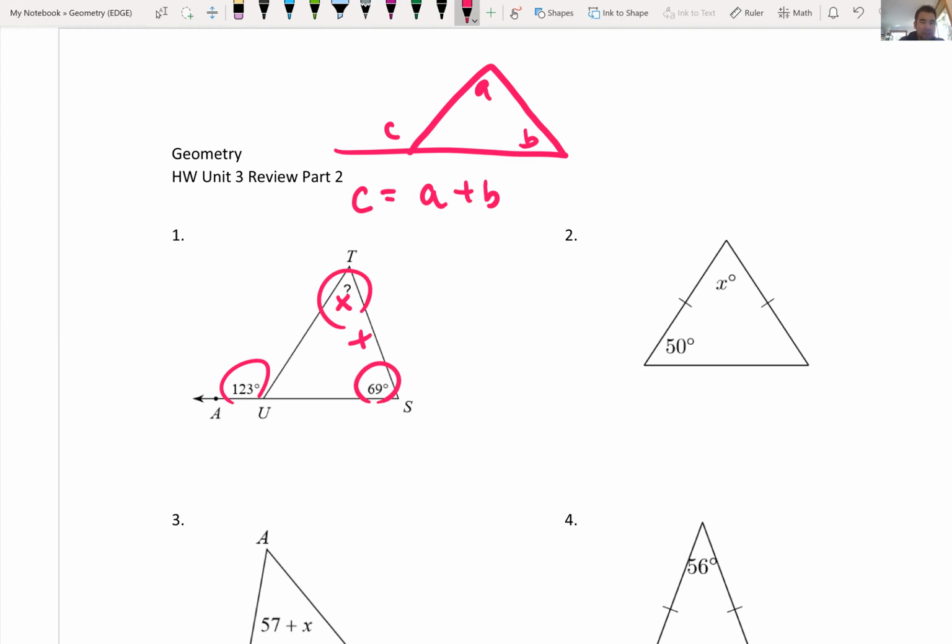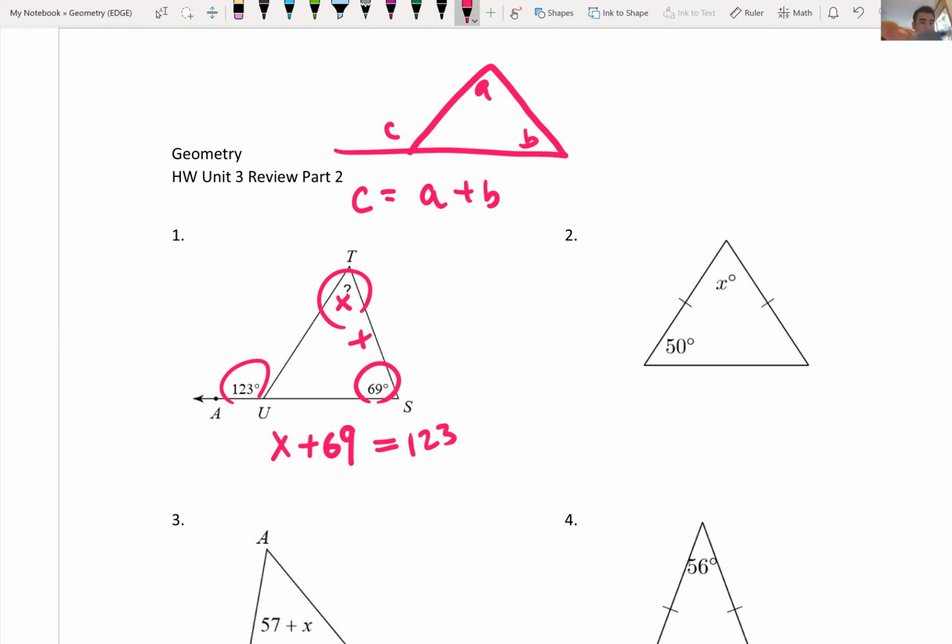So you can set it up: X plus 69 has to be equal to 123. Does that make sense? And this is called the exterior angle theorem.